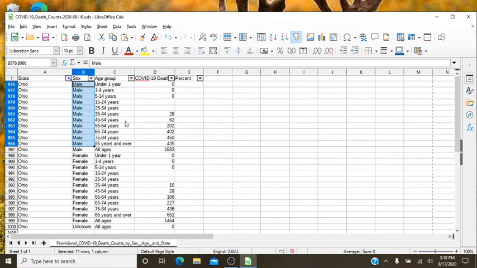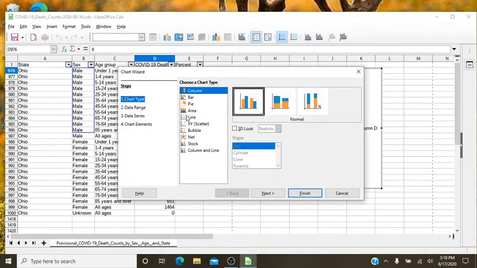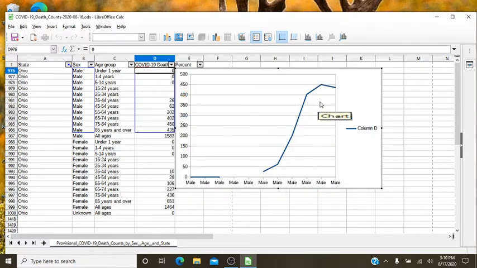So let's take a look at deaths by males in Ohio. Pretty much follows the national average.